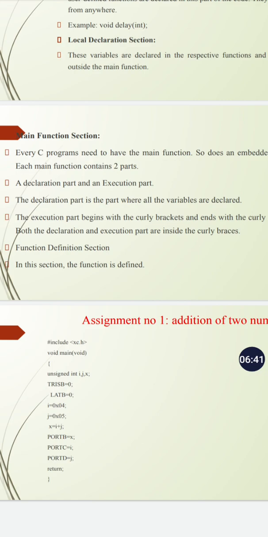Here x is used to indicate that 04 is a hexadecimal number. The value of j is 0x05. In variable x, I have performed the addition of i plus j. I have stored the value of variable x in port B.